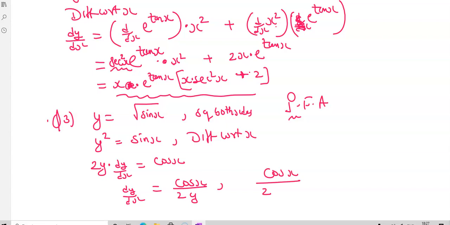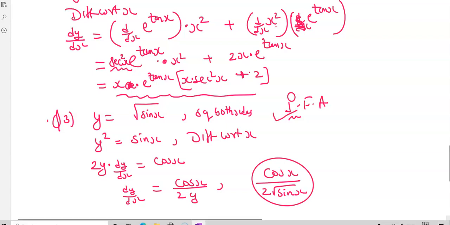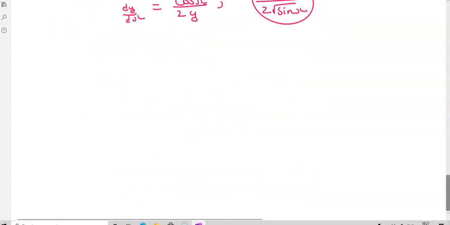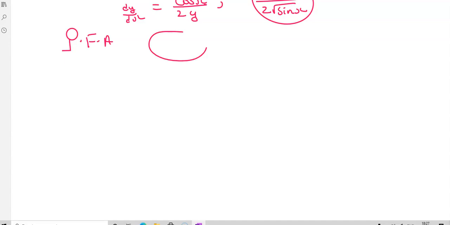Instead of y, you can write it down like this. This is how we simplify the questions without applying PFA. Now what I am doing, instead of PFA we were using only FA.